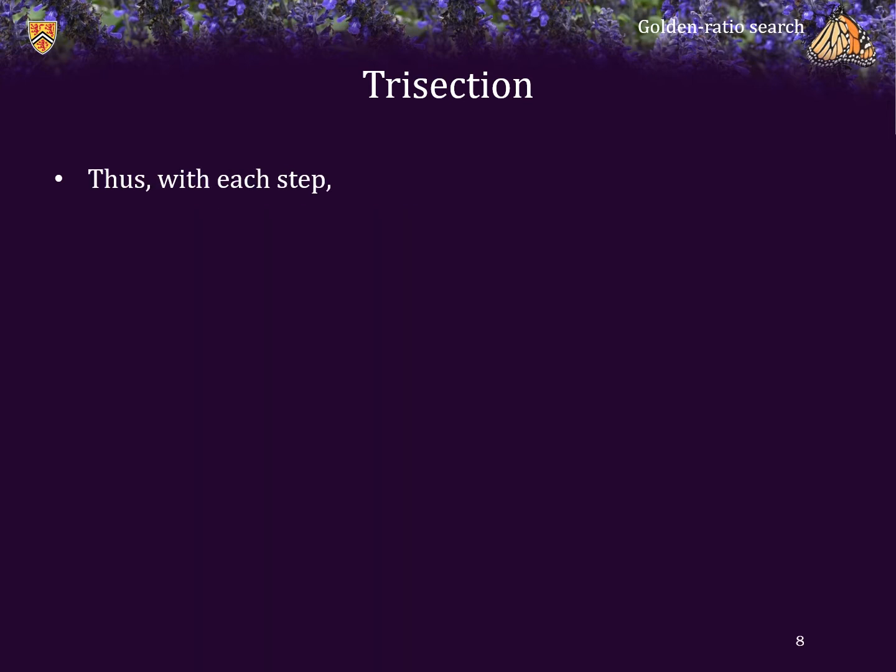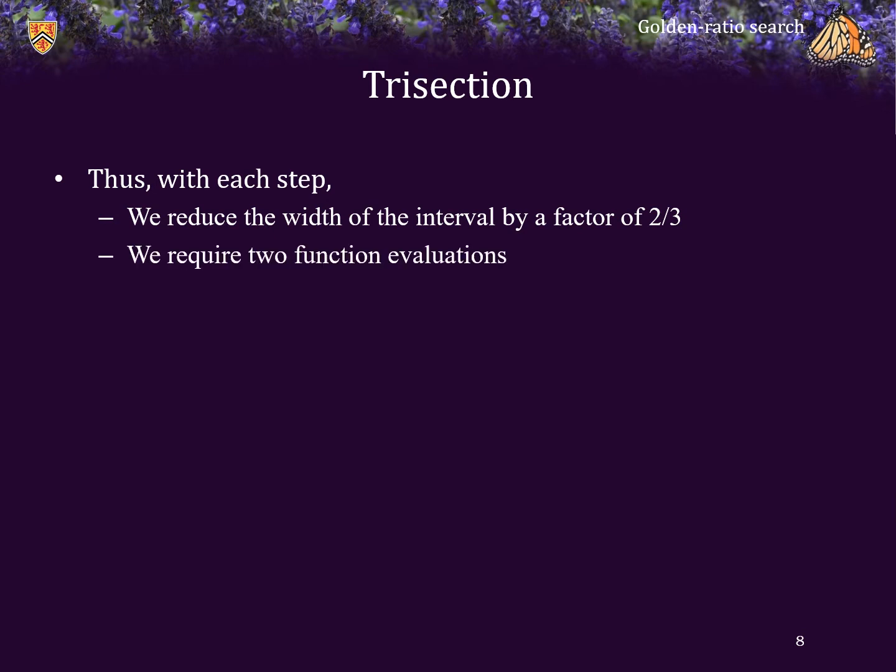Okay, so consequently, with each step, we have reduced the width of the interval by a factor of 2/3. And in order to reduce the width of the interval by a factor of 2/3, we require two function evaluations. We have to evaluate the function at both the left and the right interior points.